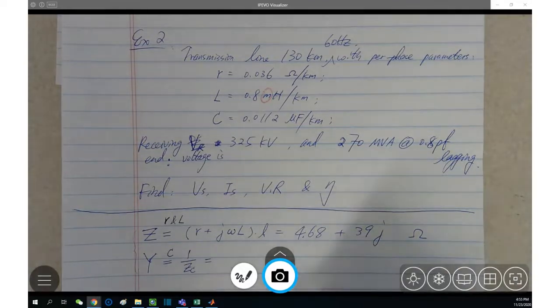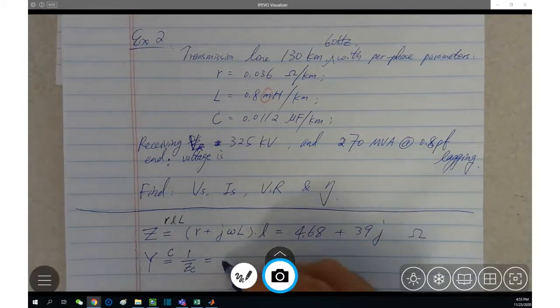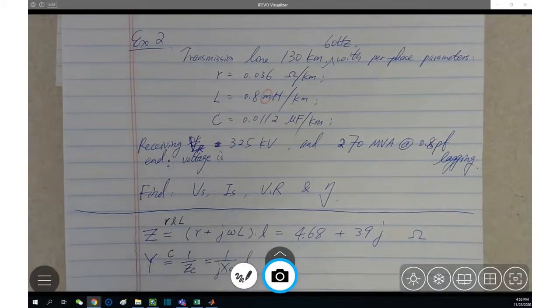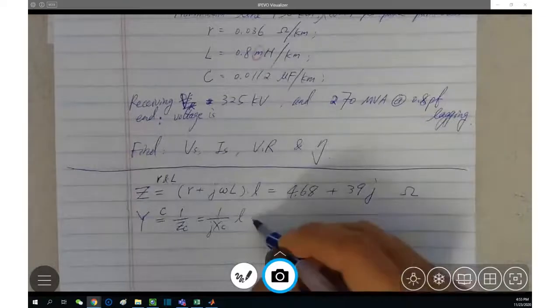How we get there: here's the equation, right? First of all, the Z_C is equal to nothing but X_C, or say jX_C. And of course, don't forget to times the distance. And Y is equal to what?